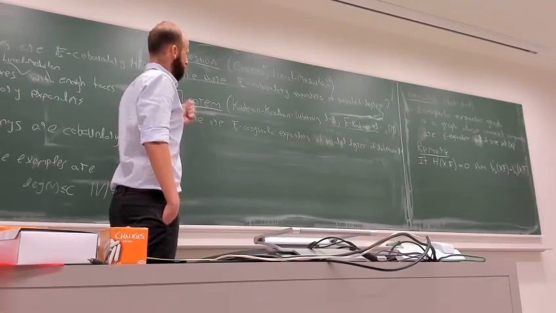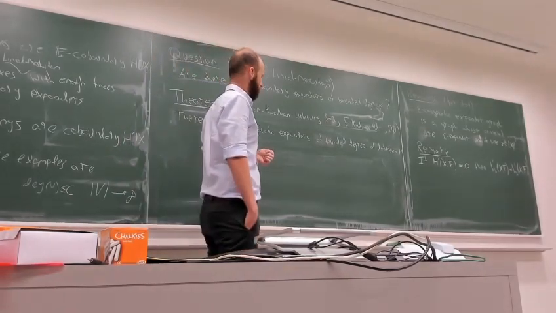There are F2 cosystolic expanders of bounded degree of dimension d minus 1.